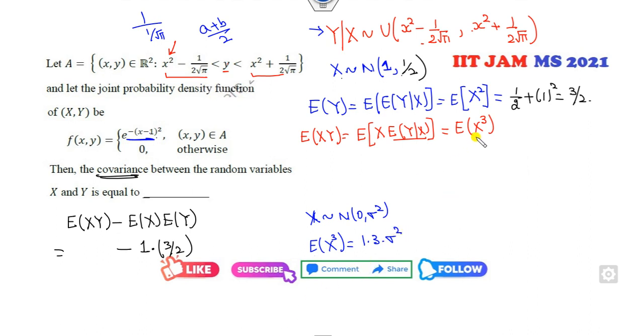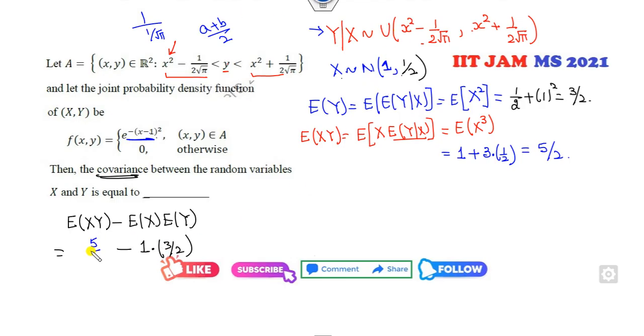Fine. So I can do the same thing, but the center is my 1, so I can shift it toward the 1. So 3 into sigma square. Fine. So the answer is 3, 5 over 2. If the center is 0, then it is fine. If the center is mu, then it will be mu plus here. Now substitute all the values. In this case, it is my 5 over 2. So what is that? 5 minus 3 over 2. The answer is 1, which is my right answer.